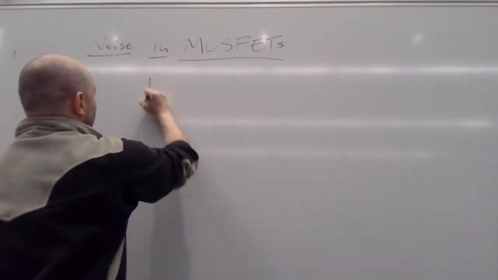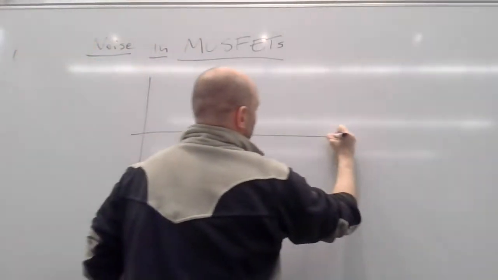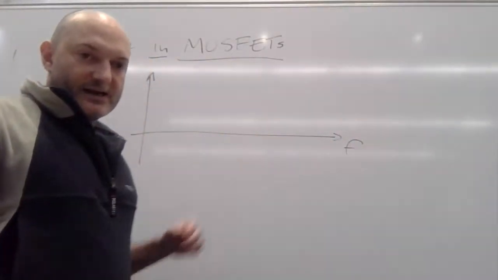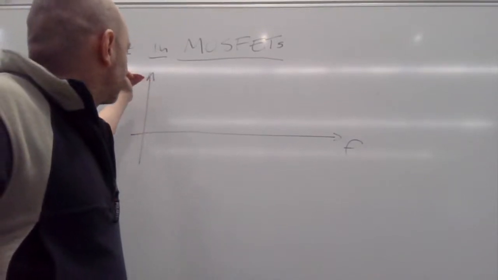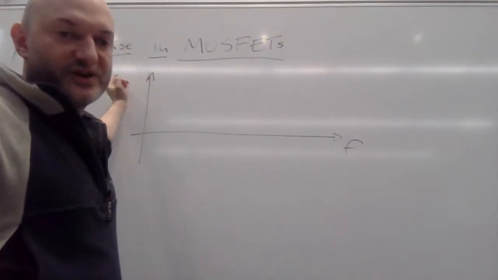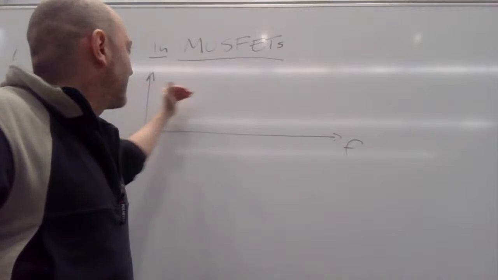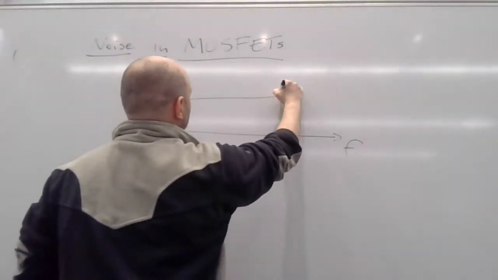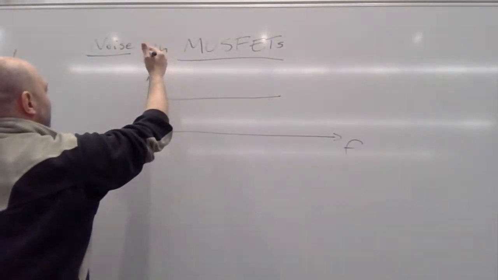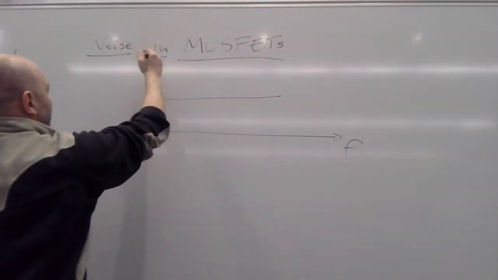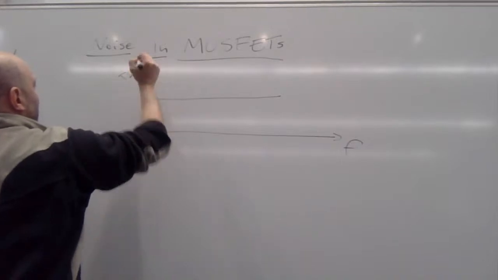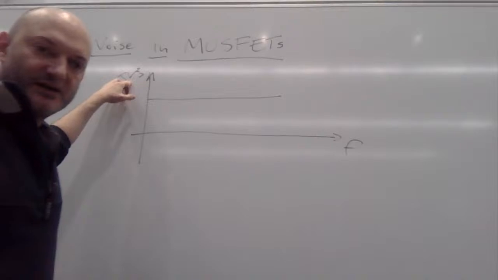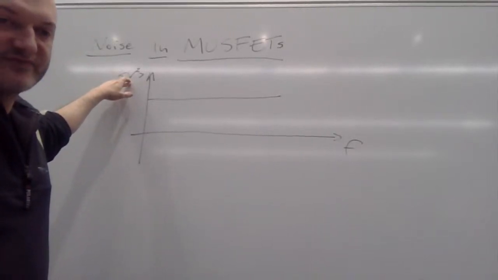In that case, if we plot the power spectral density, which tells us the amplitude of the fluctuation at different frequencies, we have a straight line. It is constant. This we will indicate as the magnitude of V squared, the voltage noise.